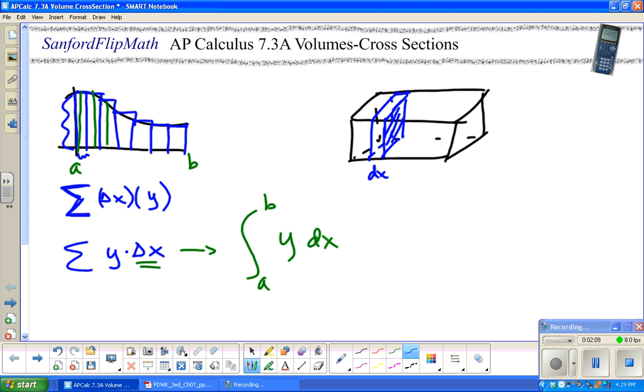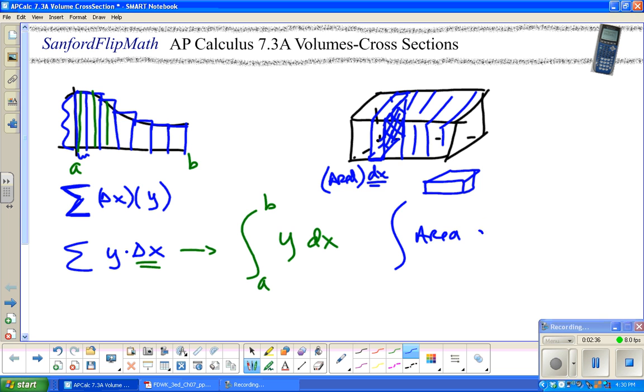If we know the area of this cross section, when we do the area of that cross section times the width of that cross section, imagine it flat like this, when we add up a whole slew of those, it's going to end up being the whole volume. So we're going to add up basically area times dx, and that will end up being volume.